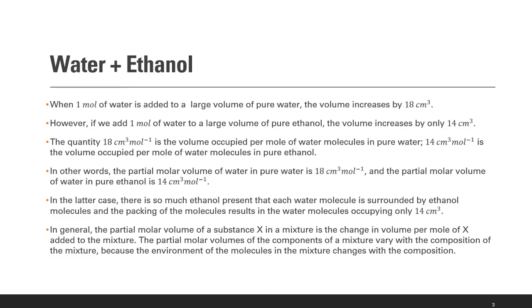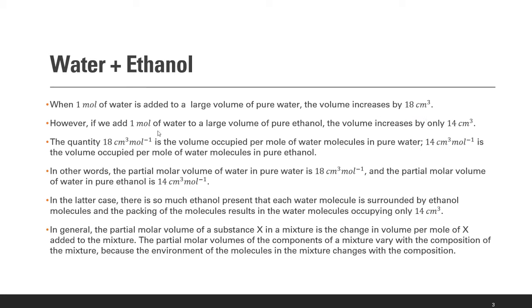Okay, so a classic example to introduce this concept is when 1 mole of water is added to a large pool of pure water, the increment in volume will be 18 cubic centimeter.